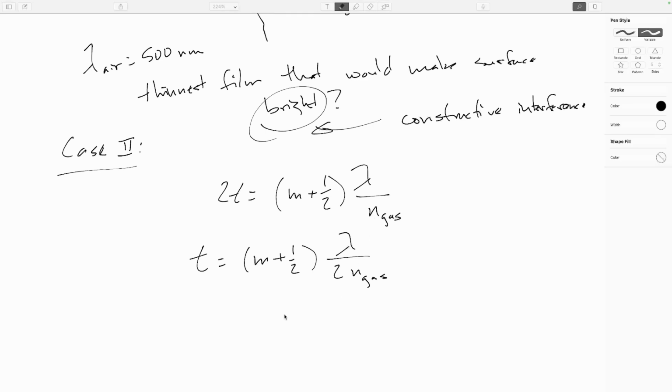So if I think about this, the problem did say what would be the thinnest. Since it said thinnest, that's going to tell me m is 0. Because if m were 1, this would be 3 halves times this. If m were 2, this would be 5 halves times this. So because we're asking for the thinnest, m is going to be 0.